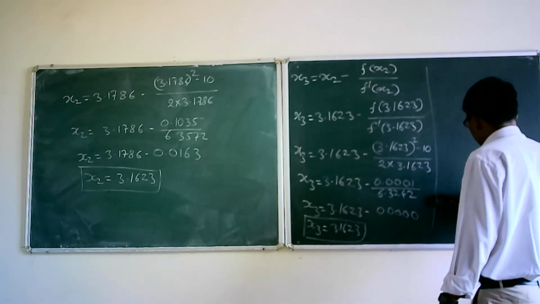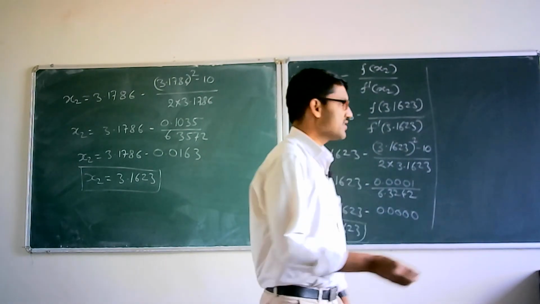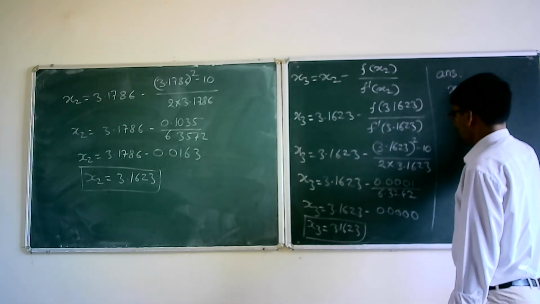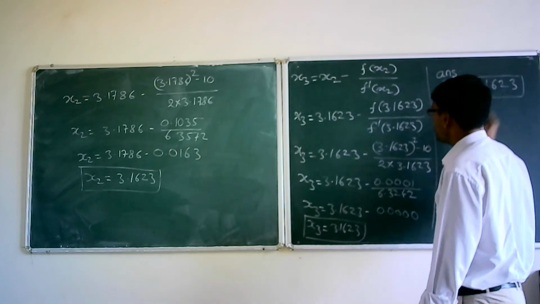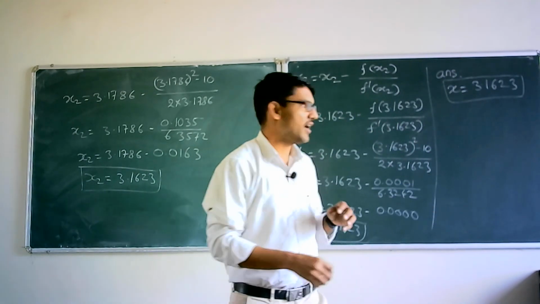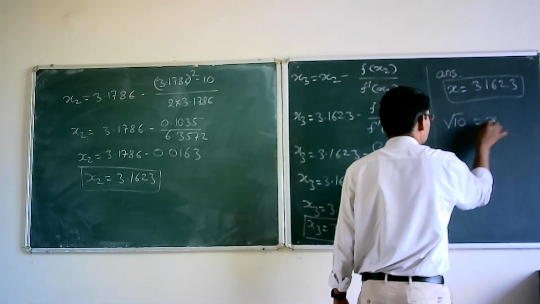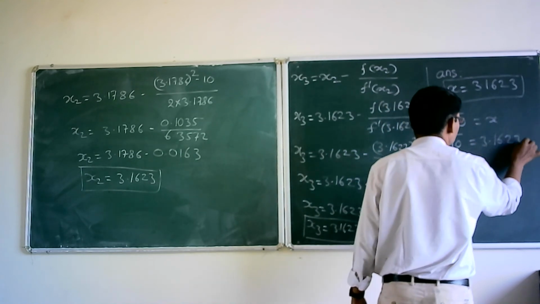You can say that x2 and x3 are correct up to 3 decimal places, and therefore the answer is x equal to 3.1623. In step first we assumed that under root 10 is equal to x. So the value of under root 10 is 3.1623.